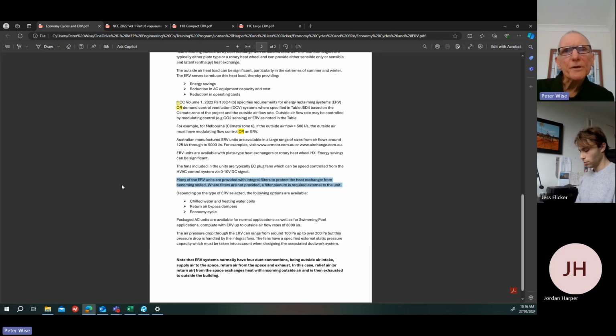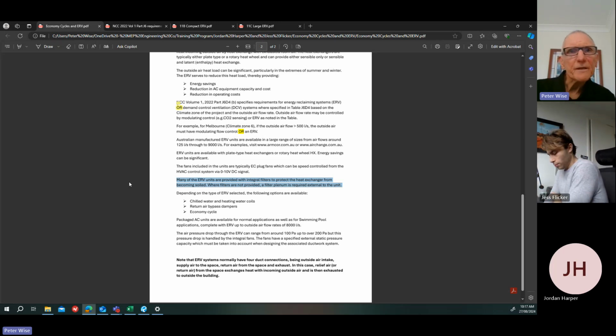And where filters aren't provided, a filter plenum is required external to the unit, which is quite common as well. On the small units, I haven't seen any with filters on them. It's probably not a bad idea to put a filter on the incoming air at least, to take out any dust or whatever's in the air outside.